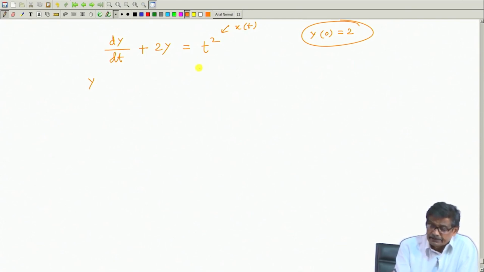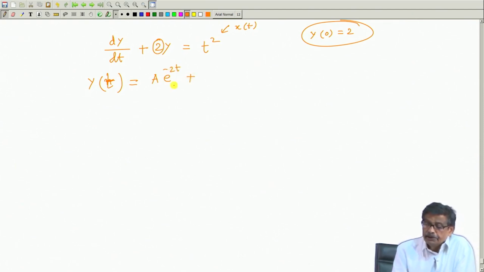I identify x(t), then the total solution y(t) will be a into e to the power minus 2t, that is what we have seen, this term will be there.